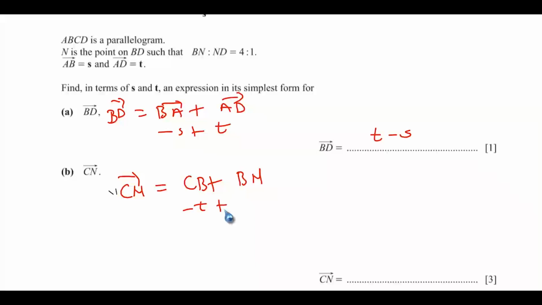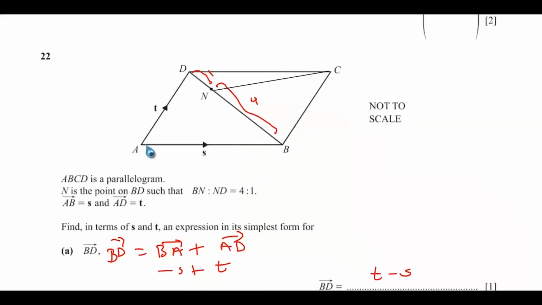Then plus BN. So we don't have the value of BN, so we need to calculate BN from here. But before you can find BN, you must know BD, which we have done earlier. So let's do it here.